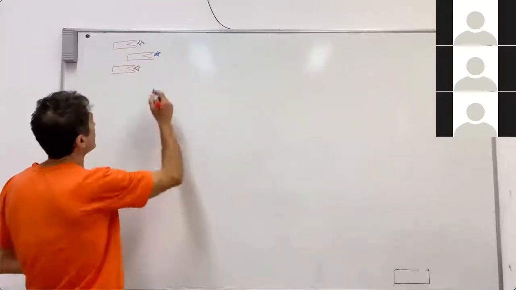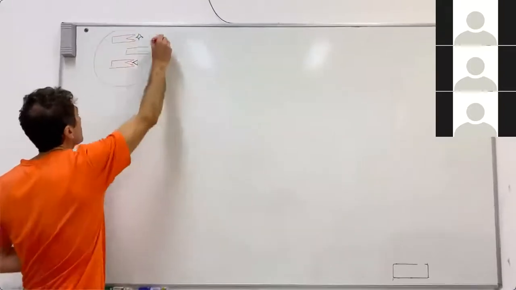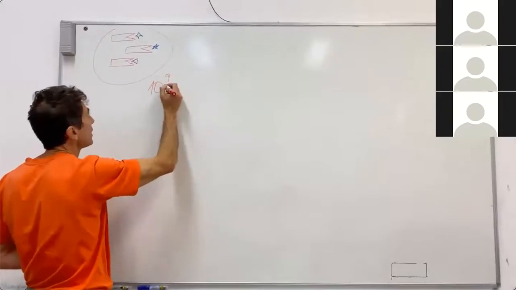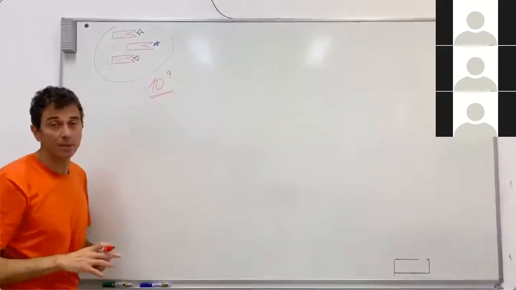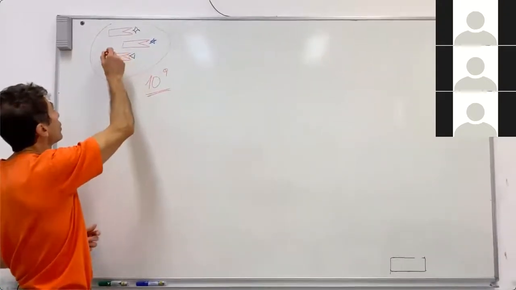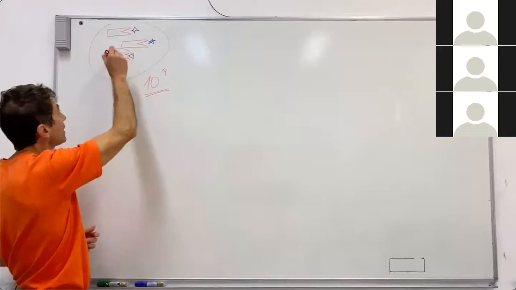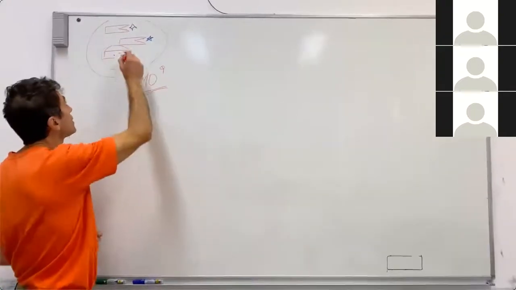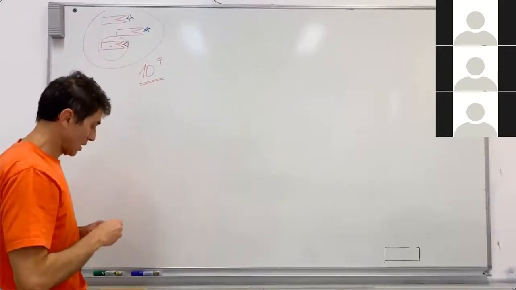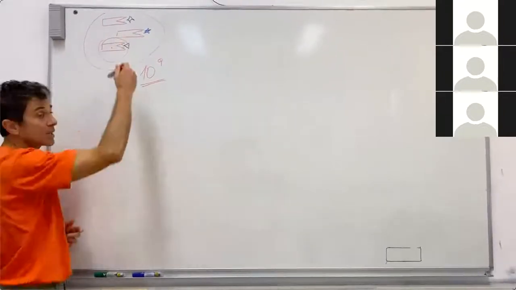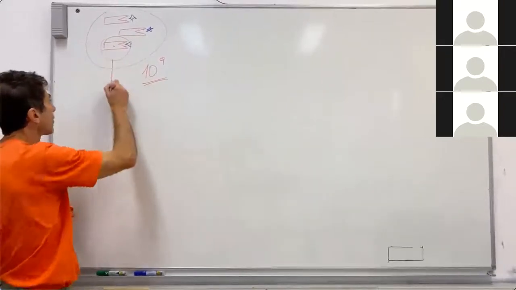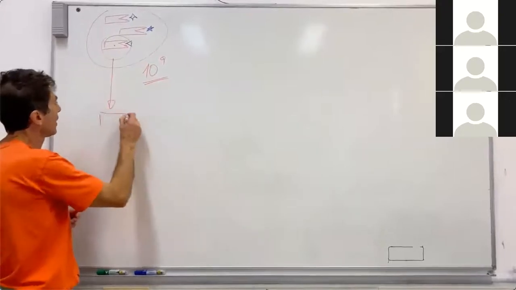So if I have a collection of nanobodies as large as 10 to the 9, so 1 billion nanobodies, statistically, I'm almost sure that I will always be able to find at least one nanobody that is specific for my antigen. Okay? So we work with this kind of large collection and we select out the right nanobody.